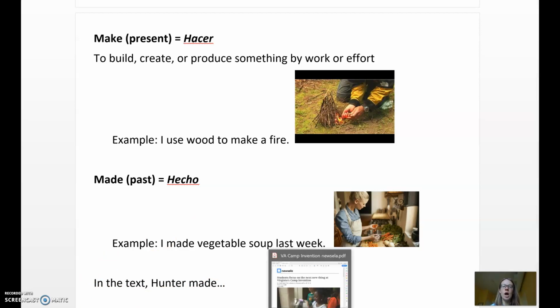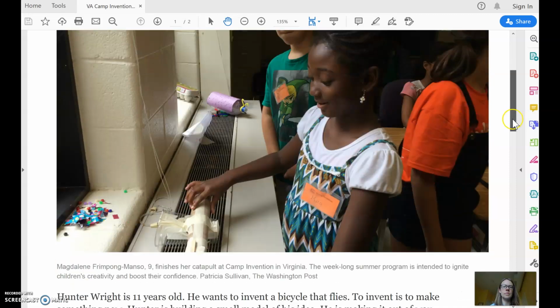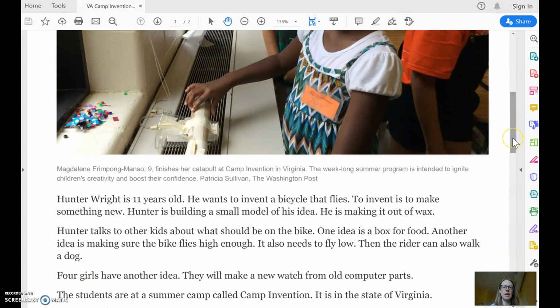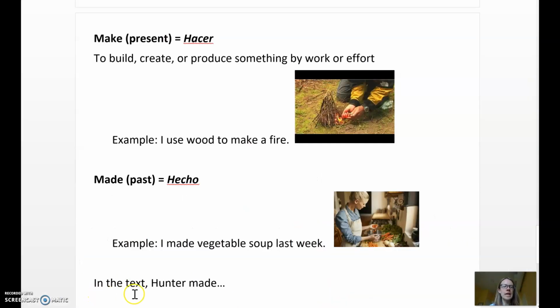I remember Hunter was the boy in the beginning of this article. Hunter made a small model of his idea. So I could say, in the text, Hunter made a small model of his flying bicycle.